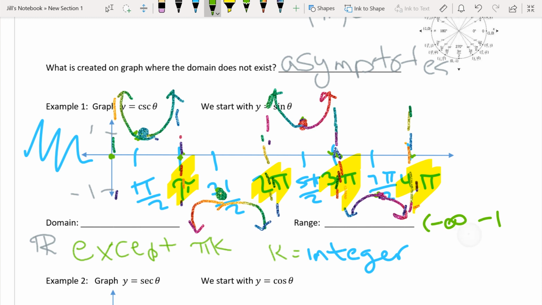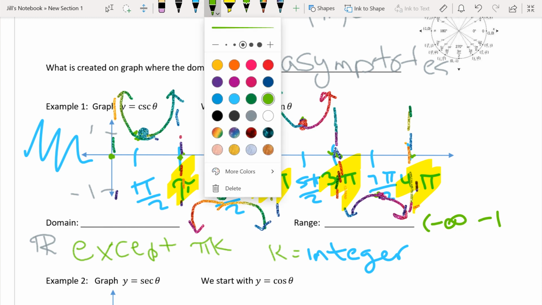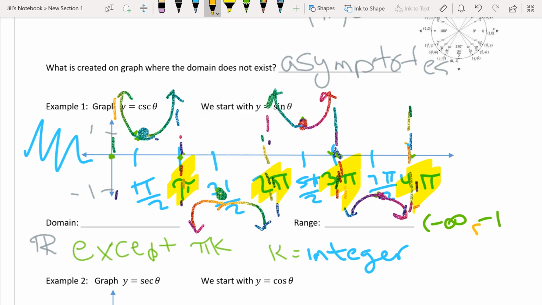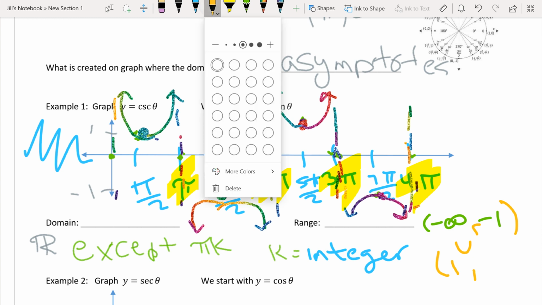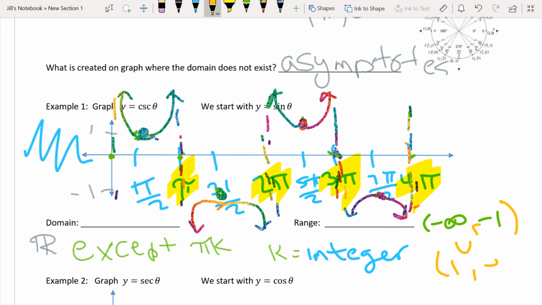That's not letting me put in a comma. Try a different color, see if that works. -infinity, that's an ugly comma, to -1 union with, and then it goes from 1 to infinity. Oh, I'm trying to write the infinity and it's just not letting me. There we go.